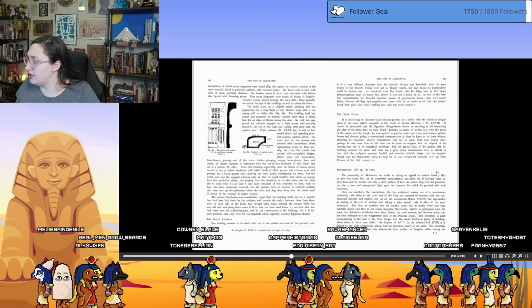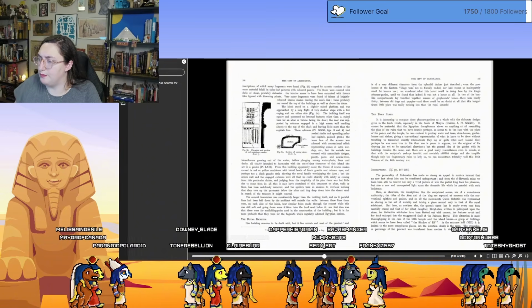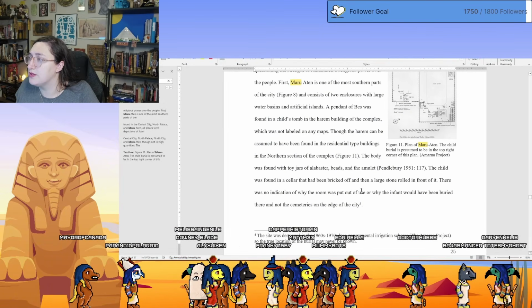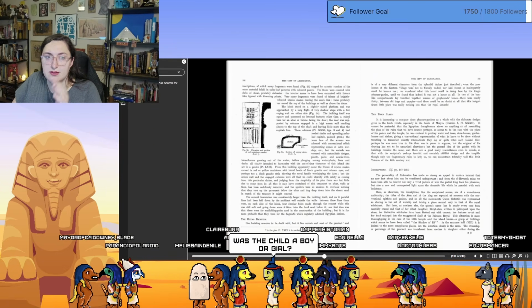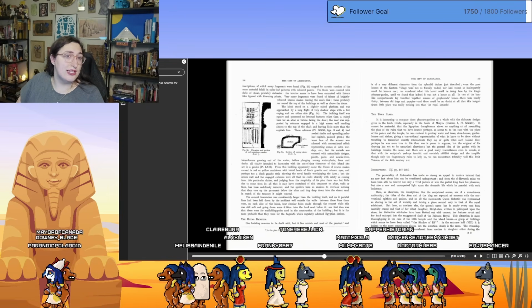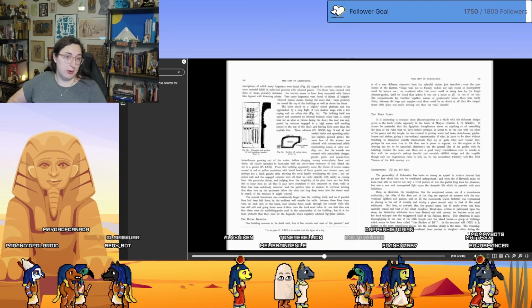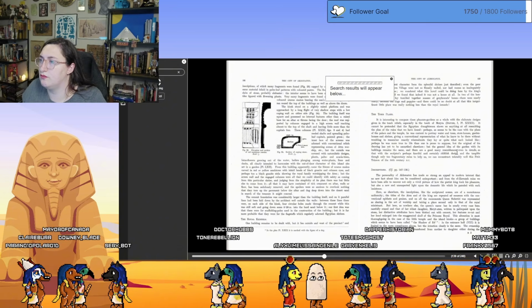Because I think I can usually search this. What did it say it was? It was a Bes amulet? Let me see if I can search Bes. If it is unfortunately a child's skeleton, it is usually very hard to tell. So if I did not write it in that paper, we probably do not know. All right.